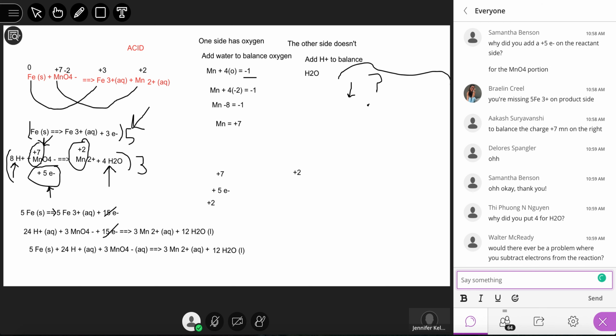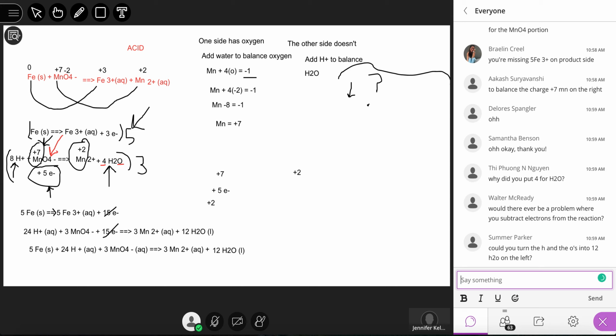The reason I put 4 for the water was because I have 4 oxygen over here. So I'm putting 4 water to get those 4 oxygen.